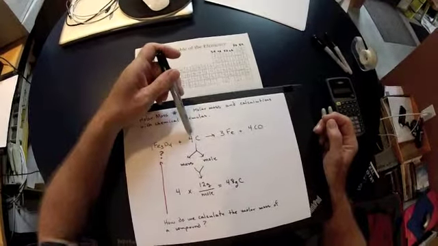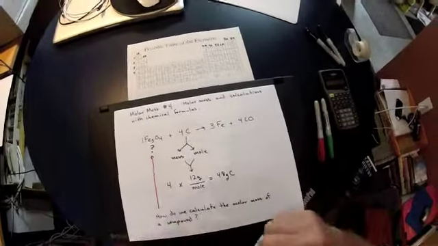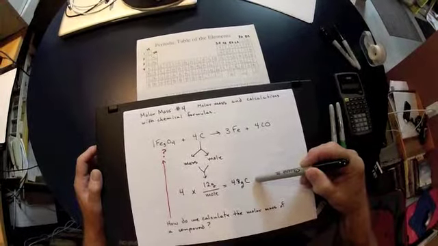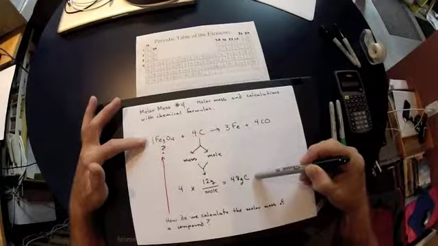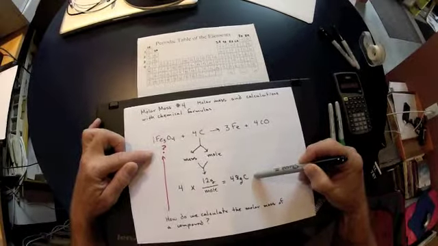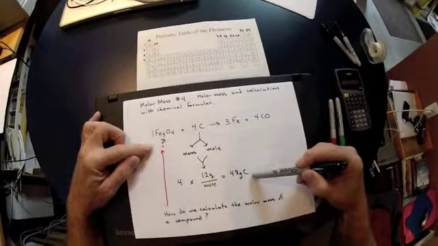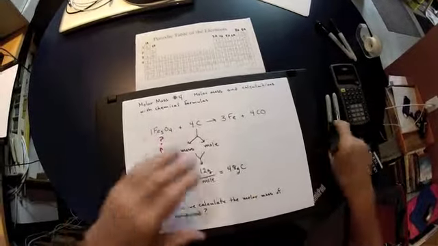Since we need 4 moles of carbon to react with every mole of iron ore, it's going to take 48 grams of carbon to run this reaction exactly as illustrated by the balanced equation. So we want to know how much iron ore, in terms of mass, is required to react with 48 grams of carbon.